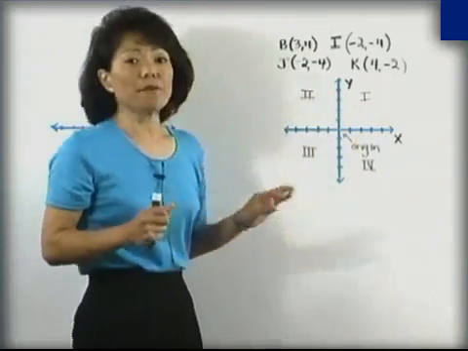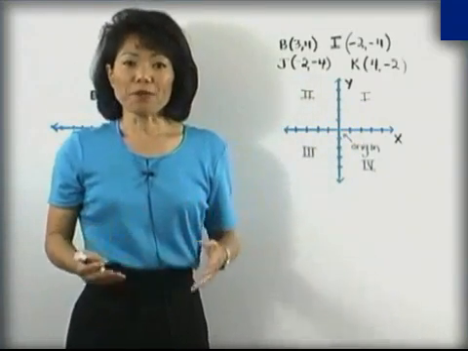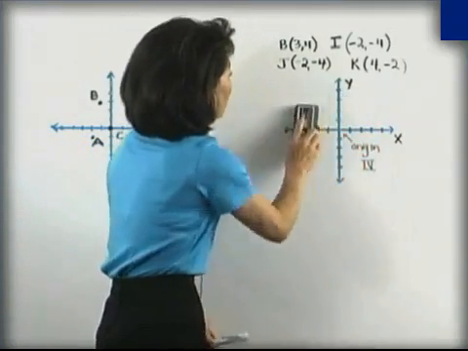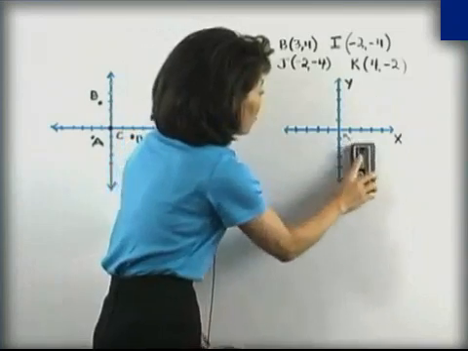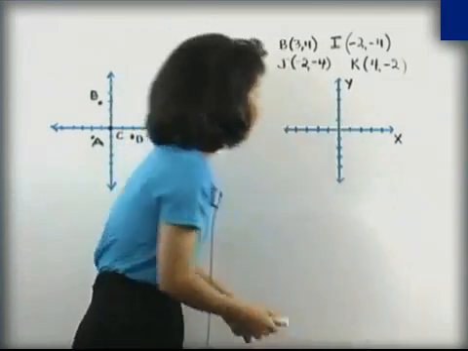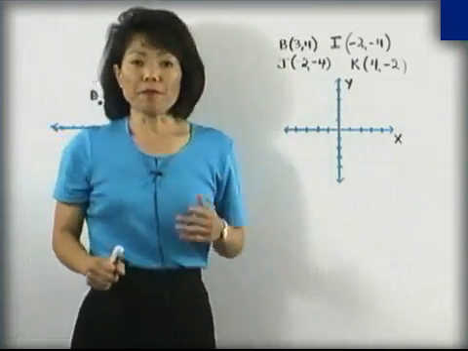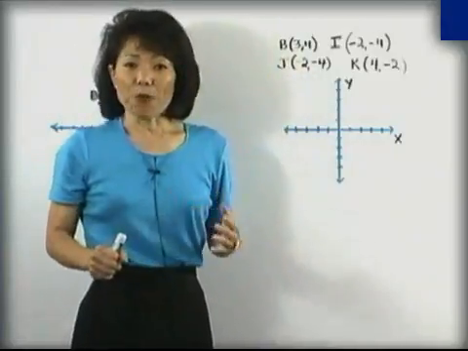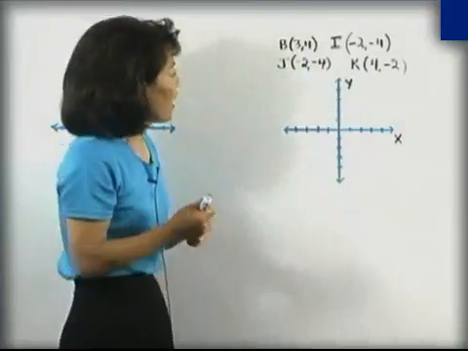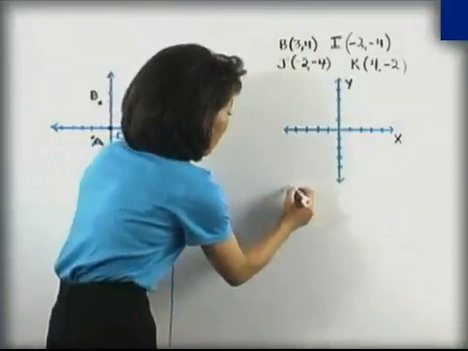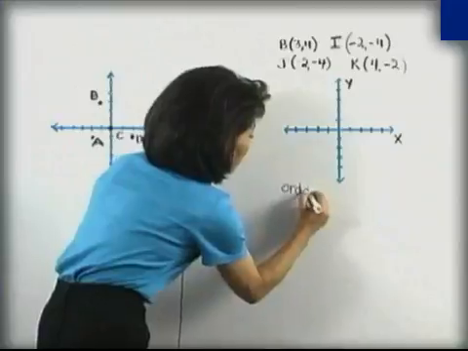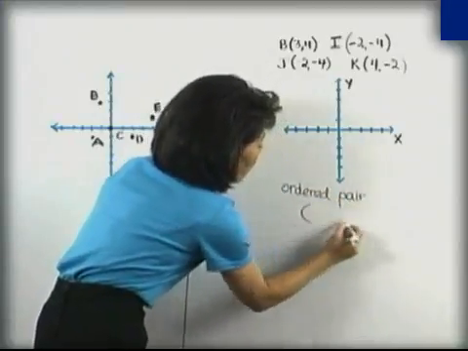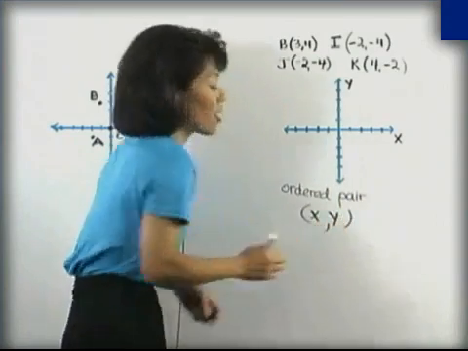So now that we know a little bit about our coordinate system, let's begin to plot some basic points. Let's look right above here. And what we're going to do is plot the following points. Up here, we're going to plot the point B with the x coordinate 3 and the y coordinate 4. Now again, when an ordered pair is given, it's given in the order x comma y.